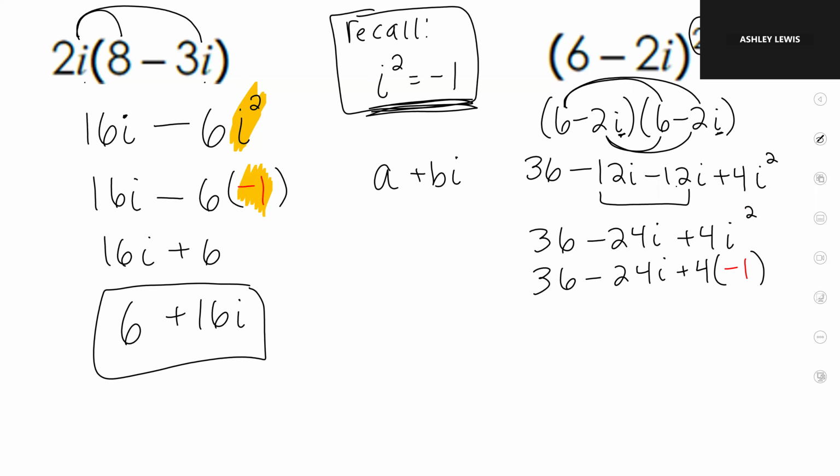Now let's see what I get. 36 minus 24i. 4 and a negative 1 is negative 4. 36 minus 4 is 32. So this is your answer.